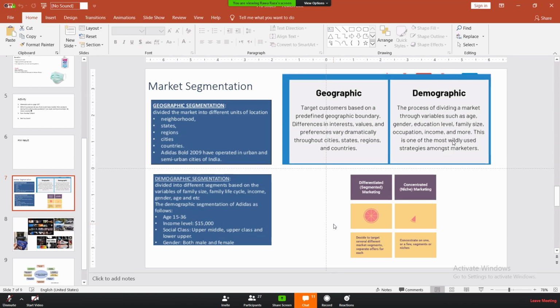It might also be according to income level. So businesses intentionally sometimes make products that are expensive, high quality, really good, which could only be bought by people who are rich, okay? And they also at the same time make products that could be bought by people with a lower income bracket, okay?